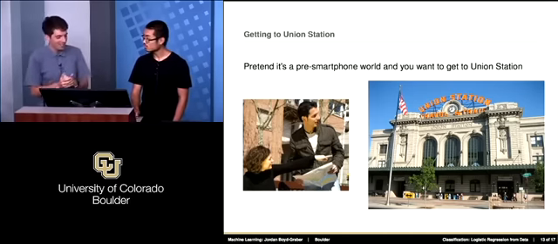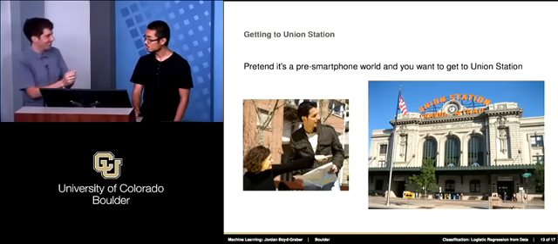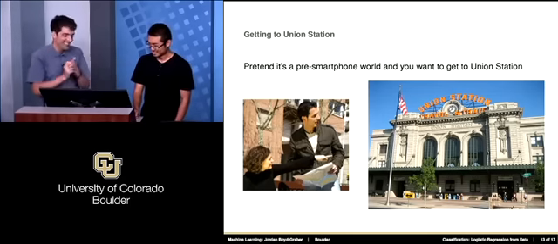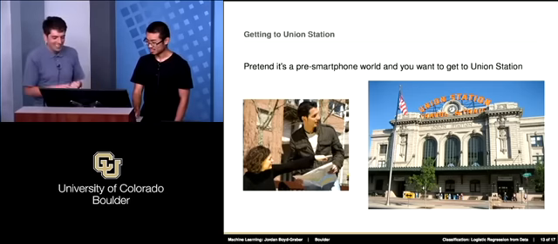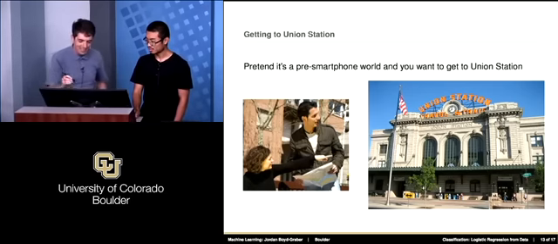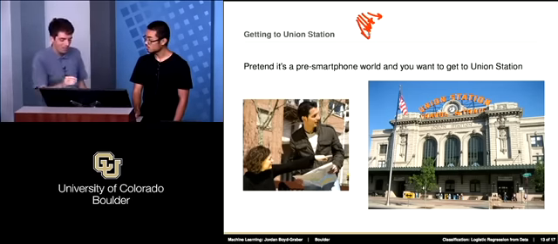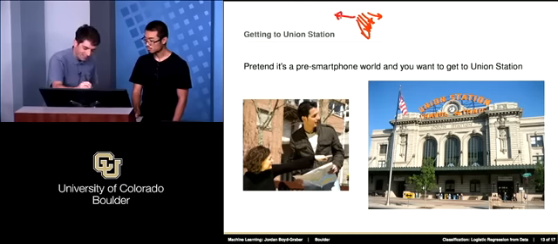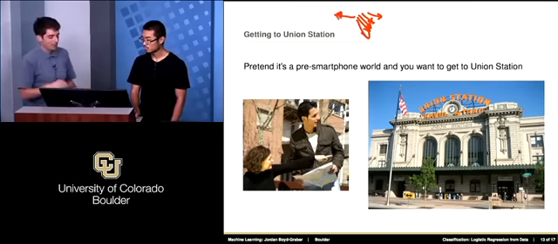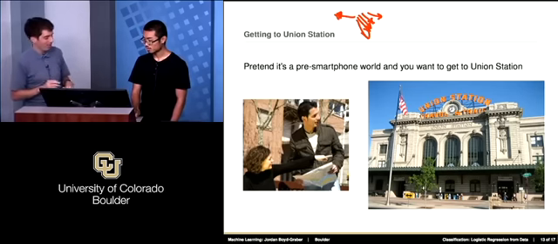So you ask all 102,000 people in Boulder, what way is Union Station? You will get lots and lots of answers, most of them pointing southeast. Some of them are going to be wrong, but most of them will hopefully point in the right direction.